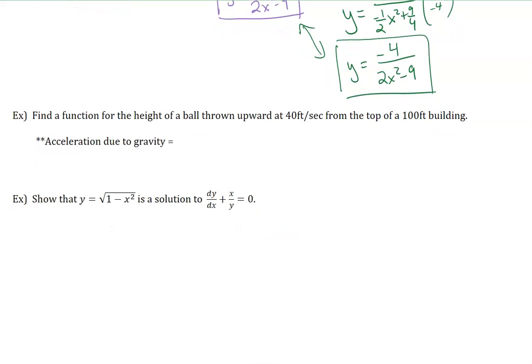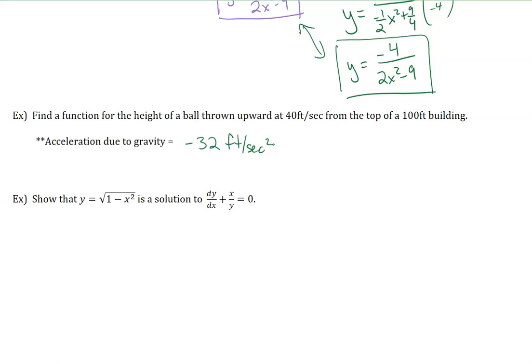Acceleration due to gravity changes depending on what planet you are on, also depending on what units we're in. Since we're in feet per second here, we are going to give our acceleration in feet per second. Acceleration due to gravity on Earth is a constant, and it's about -32 feet per second squared.